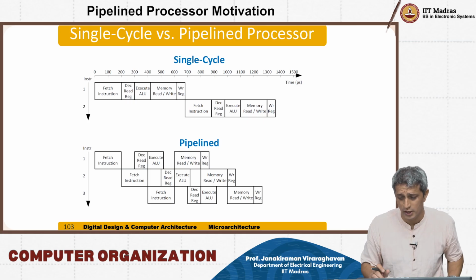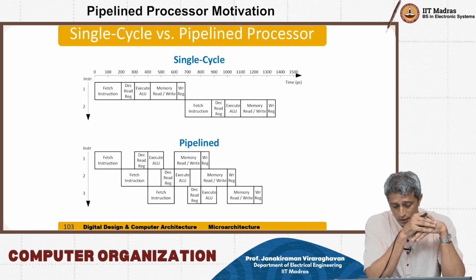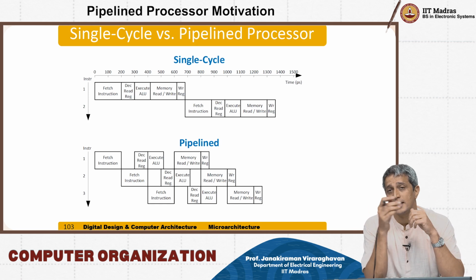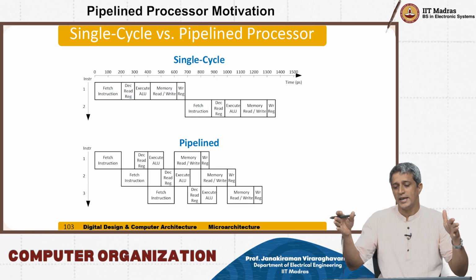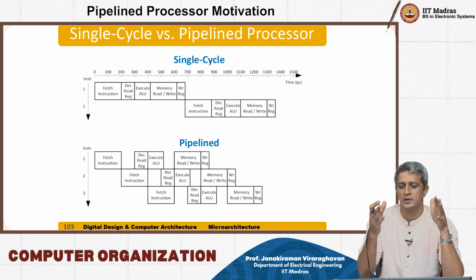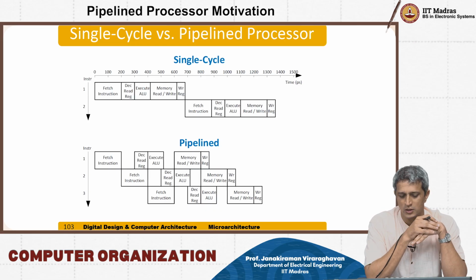What is shown here is the idea and difference between a single cycle execution and a multi-cycle execution. We are talking about time on the x-axis in picoseconds, and somewhere near 680 picoseconds is the single cycle clock period.